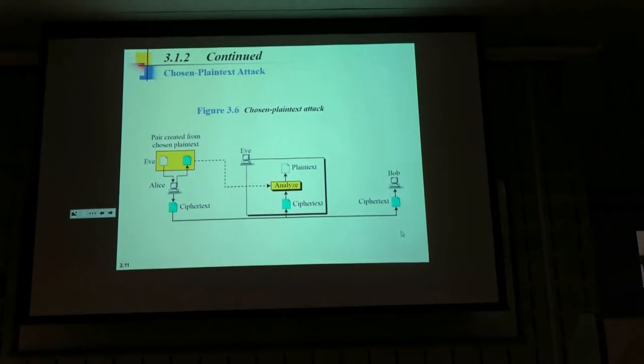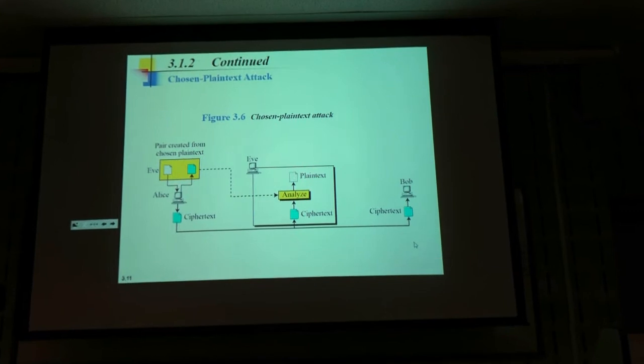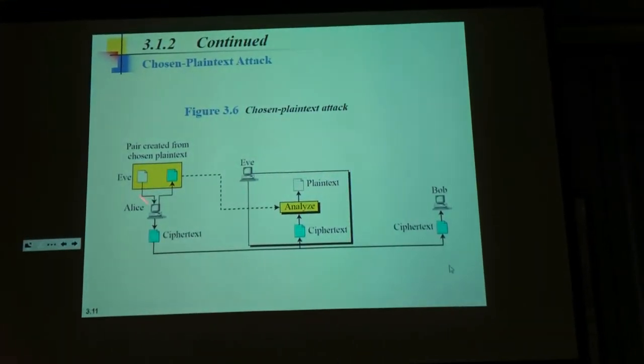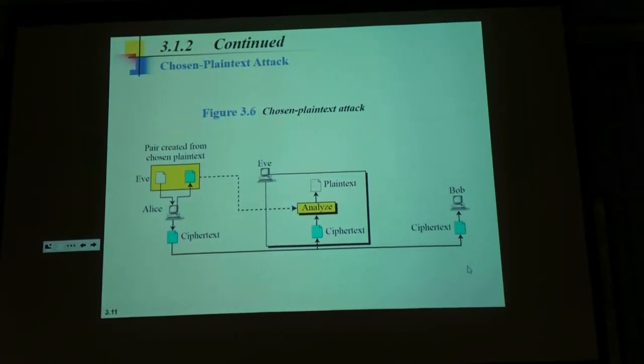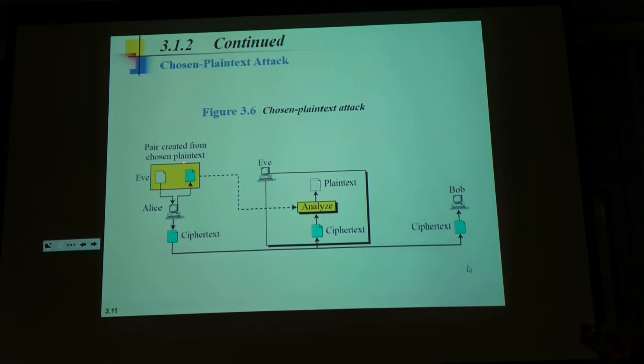Okay. Third, chosen plain text. So what will happen in here? So there is Eve here. So you have a pair created from chosen plain text. Eve chooses a plain text. Okay. Right. She will send it to Alice. All right. And Alice tries to send it to Bob.